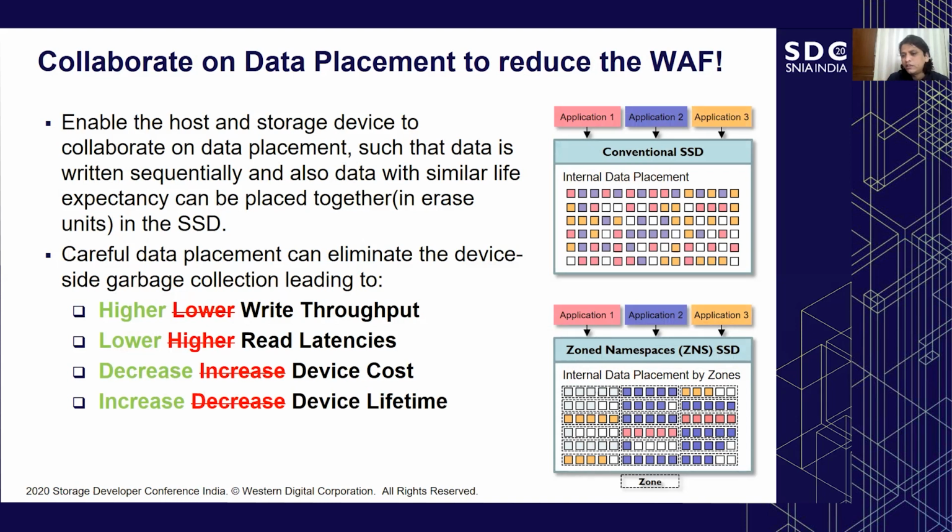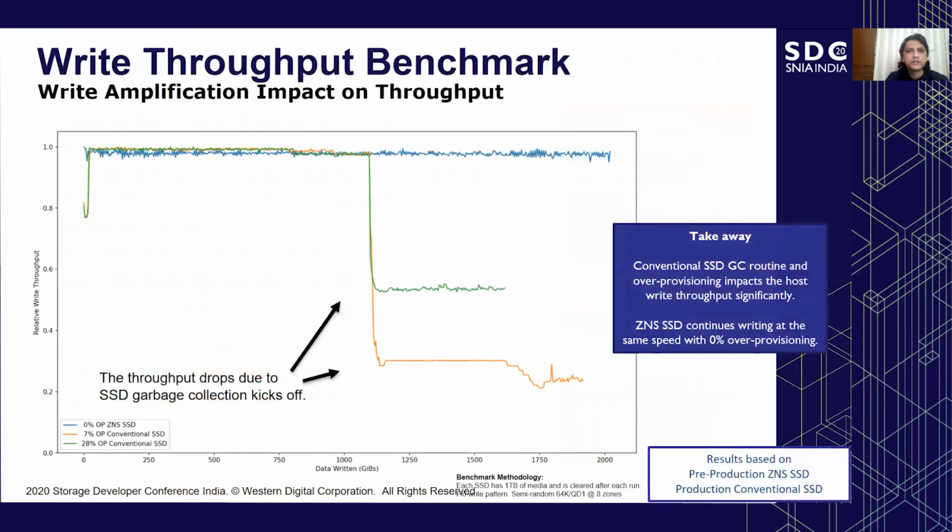So if application 2 wants to delete its data, it's easy to invalidate all the data in one erase unit and then erase that one. There is no copy needed of valid blocks of some file from application 2. That is what data placement enables.